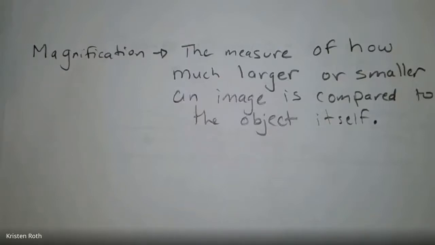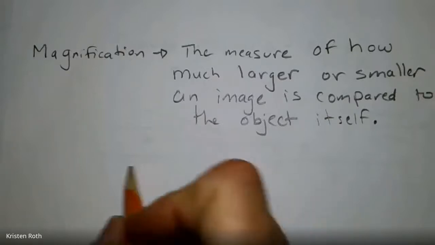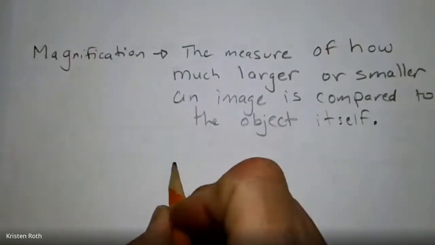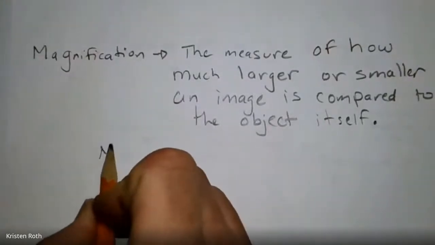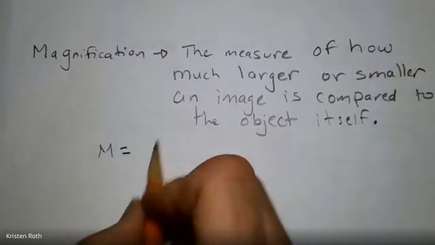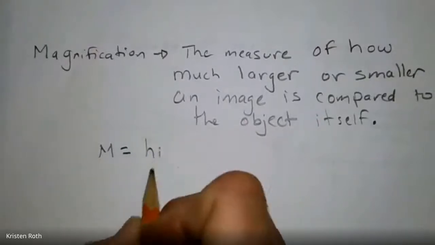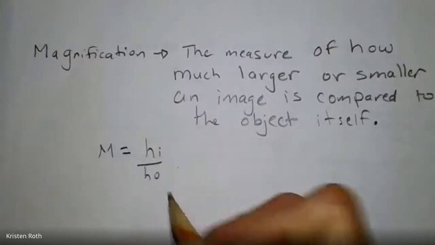There are two equations that can be used to calculate the magnification of an image. The first is magnification equals hi over ho.